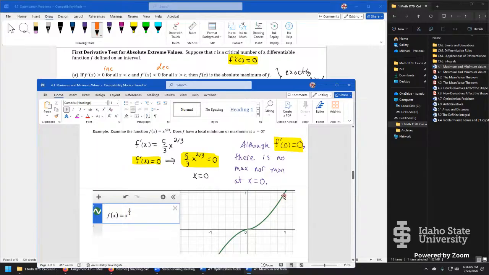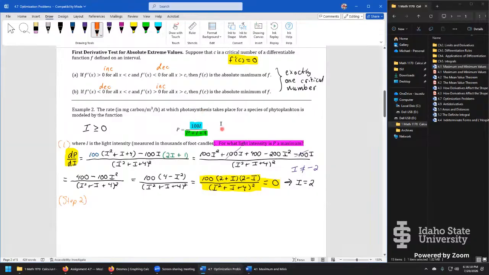That doesn't seem realistic to the context. But if the function is just not a good function that models photosynthesis rate, that absolutely could happen. So we're looking to show once and for all through the first derivative test, I equals 2 gives the actual light intensity for a maximum.